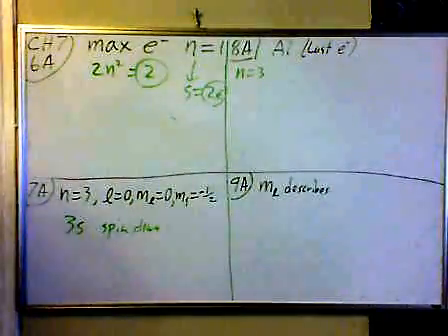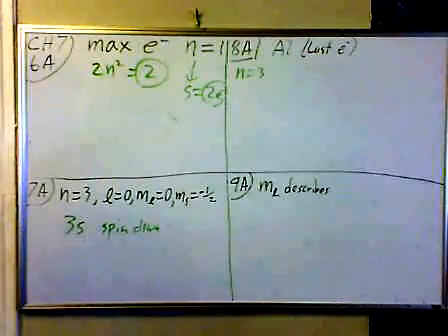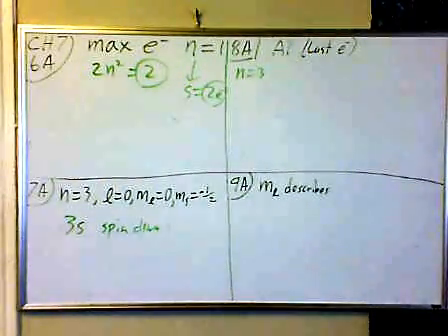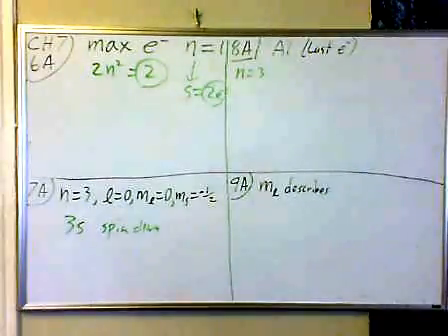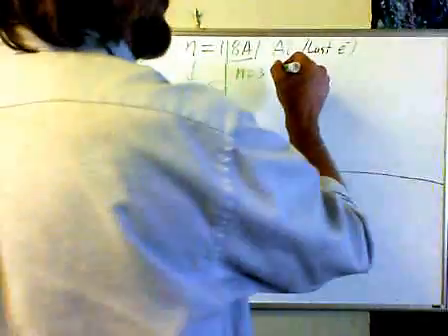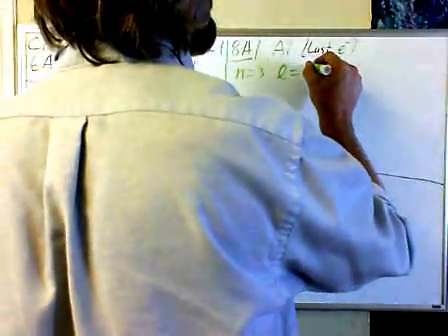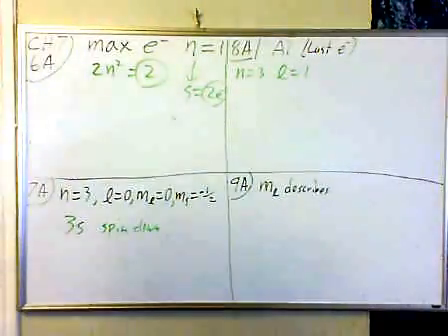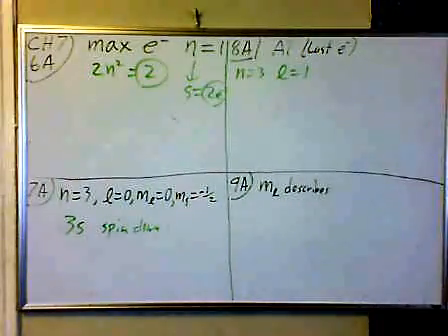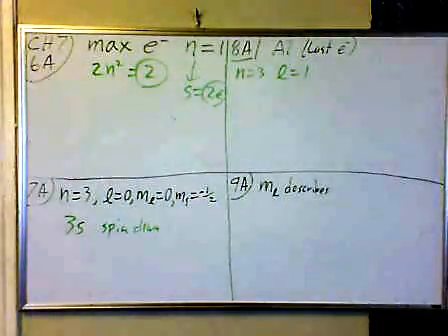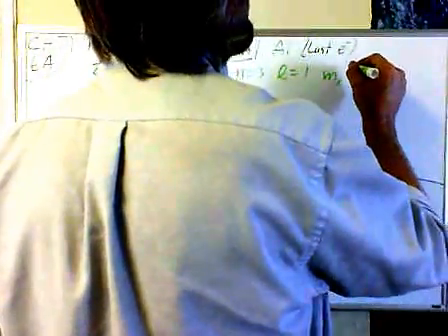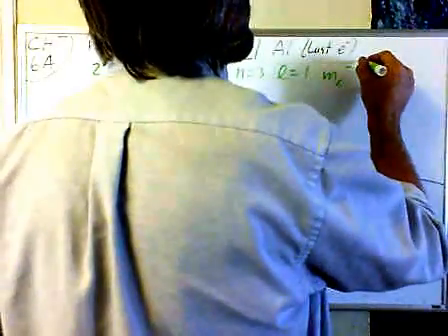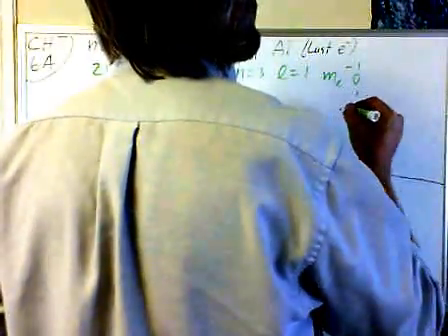So that means n equals 3, and then p is our second sublevel. It starts at 0, so 0, 1, so l equals 1. And these are truly the only 2 numbers that we have for certain. m sub L could be a negative 1, a 0, or a 1.